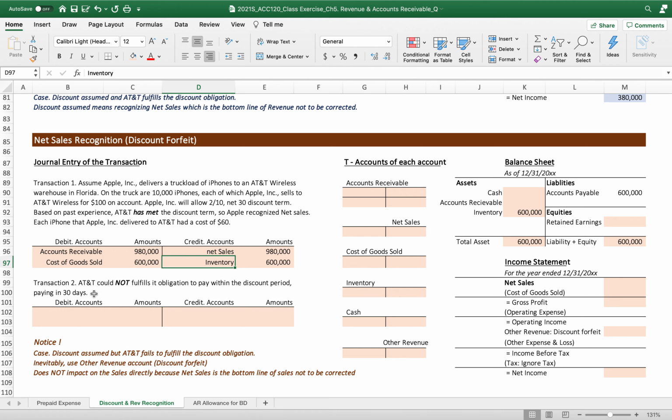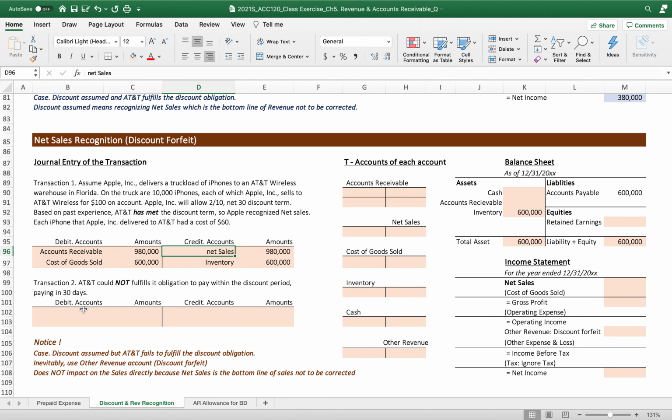But all of a sudden, AT&T could not fulfill its obligation to pay within the discounted period. That means they paid just in 30 days. So in 2/10 net 30, the 2% discount is not applied to this situation. But Apple already recorded net sales. So how could we deal with this?